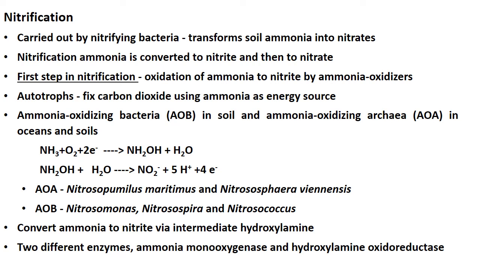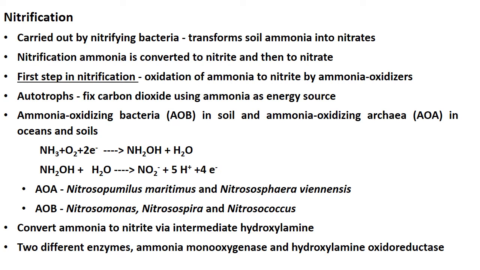Mostly nitrification is carried out by prokaryotes under aerobic conditions. The two distinct steps of nitrification are: the first step is the oxidation of ammonia to nitrite and the second step is the oxidation of nitrite to nitrate.